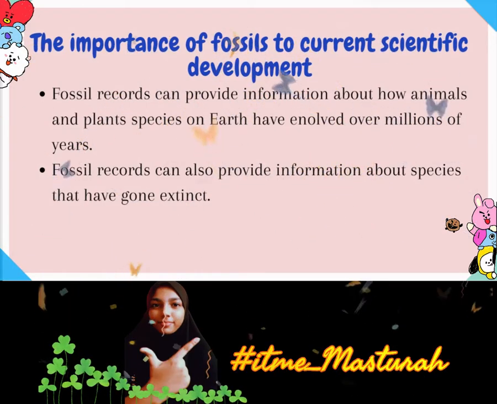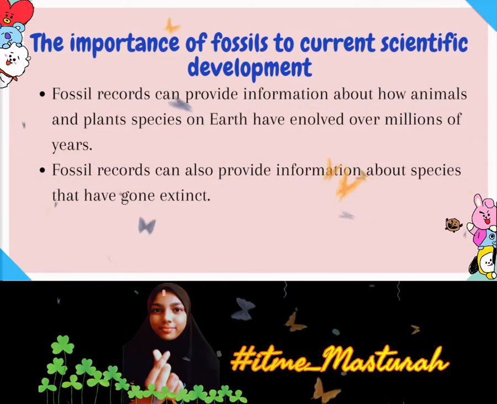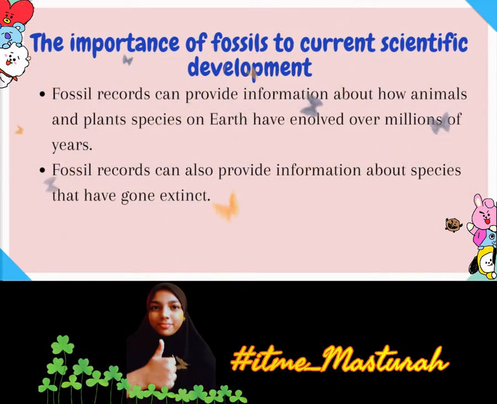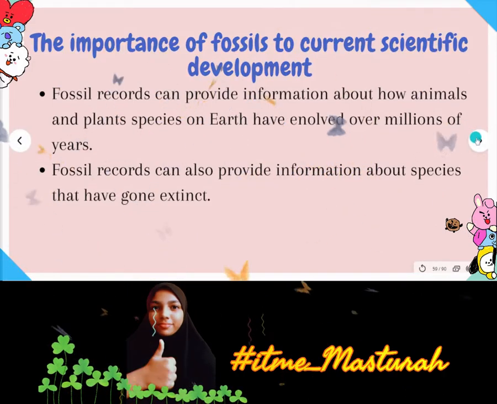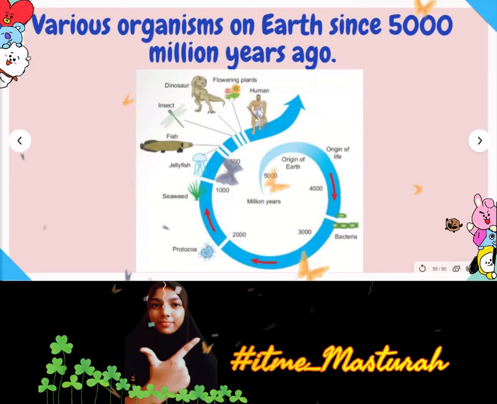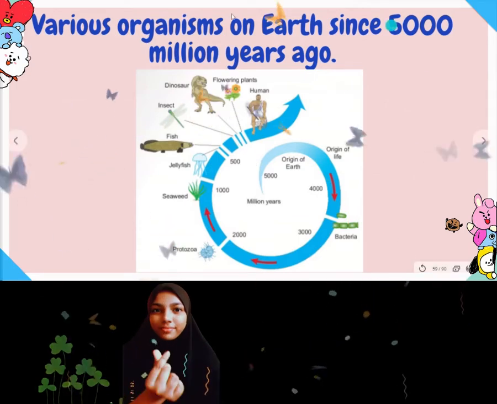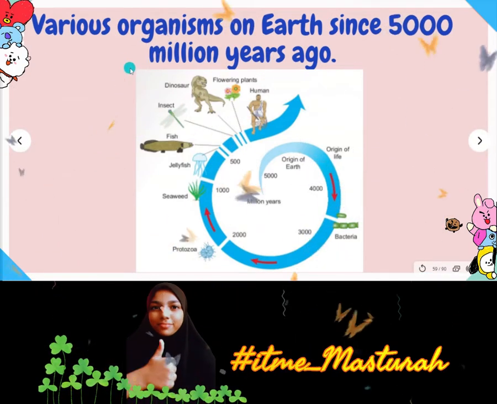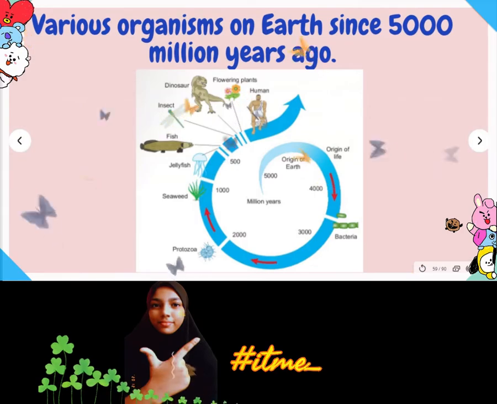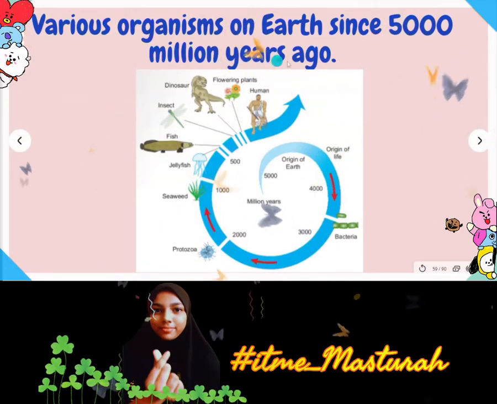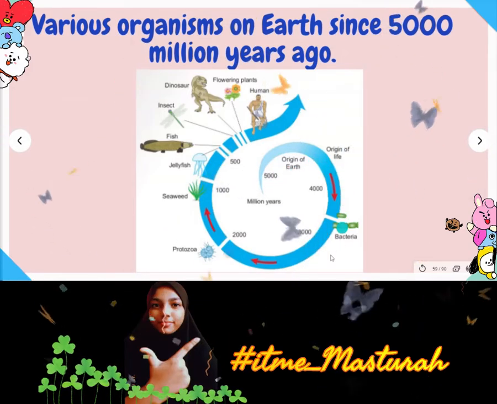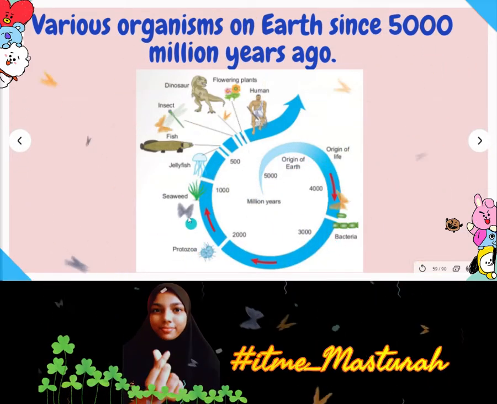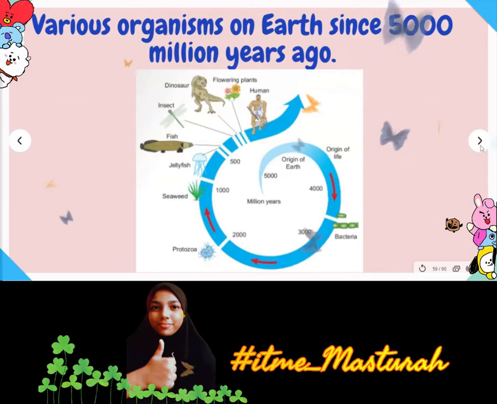Fossils can also provide information about species that have gone extinct. This is a recap about various organisms of Earth since 5,000 million years ago, from the origin of Earth to dinosaurs, with protozoa and to here.